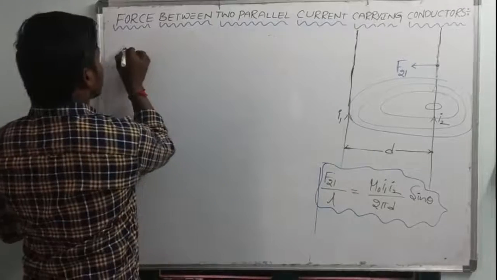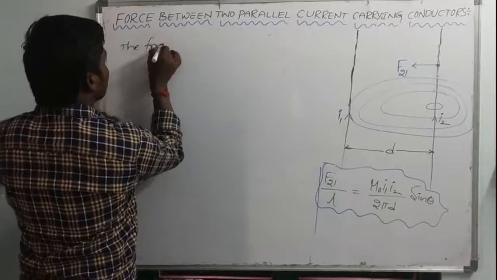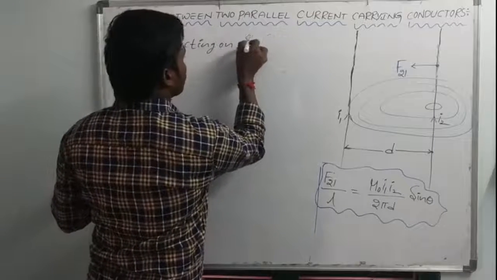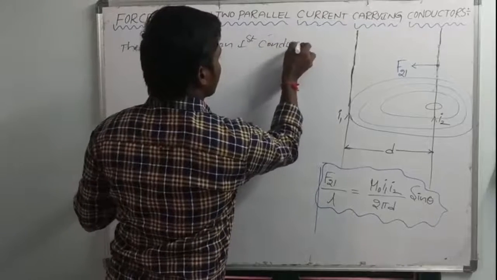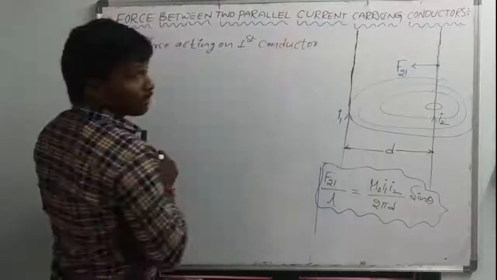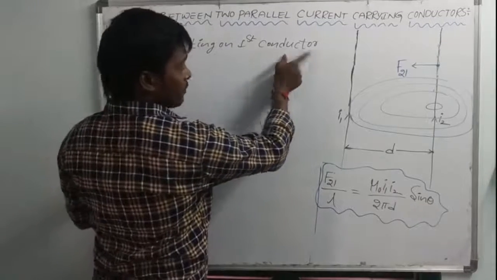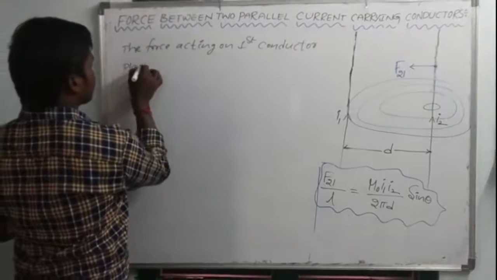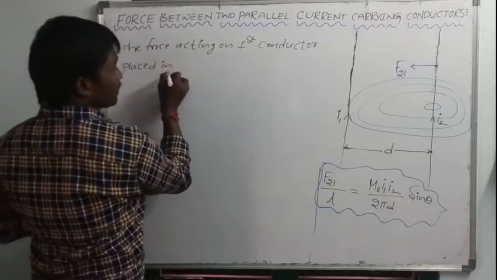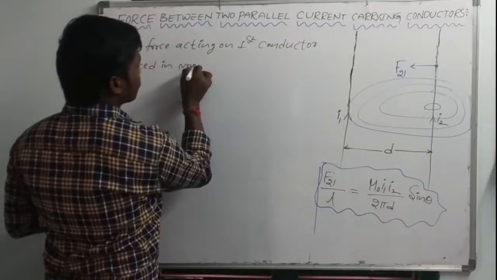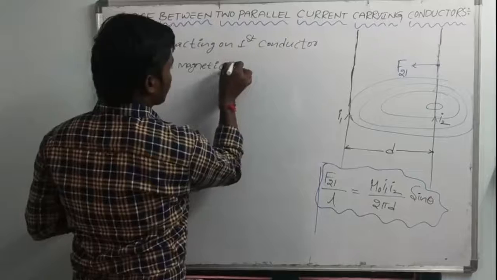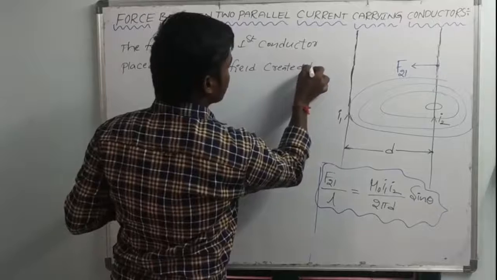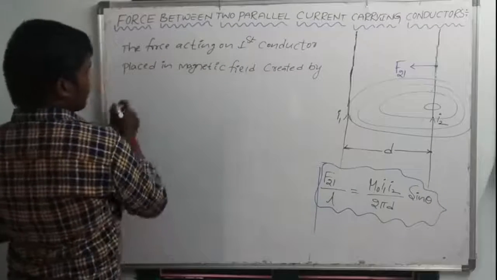The force acting on the first conductor: force acting on first conductor placed in magnetic field created by second conductor.